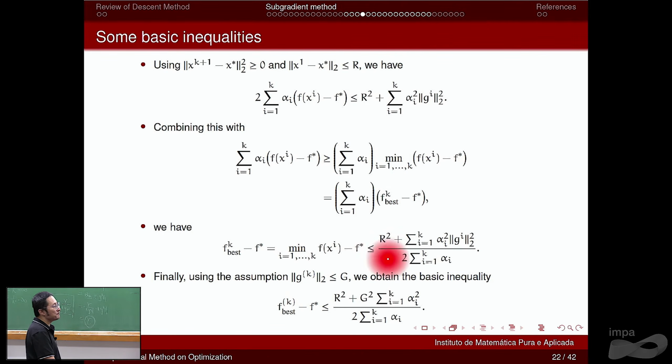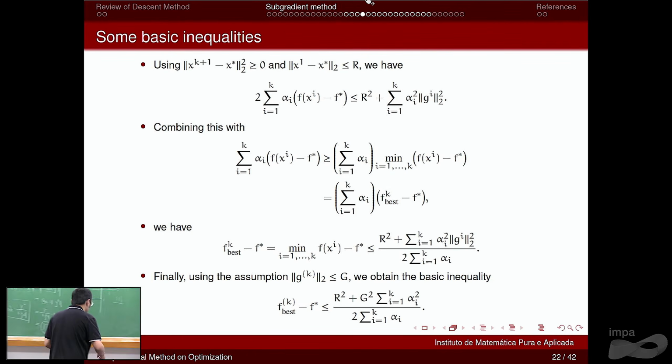Okay, so we have this basic inequality here. The f k best minus f star is less than this fraction. There are some things which are fixed in this fraction. The capital R is a fixed constant. G is a constant. The only thing we need to analyze now is the step size.